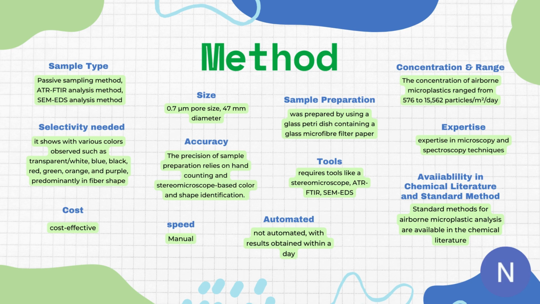It's not really automated, with results obtained within a day. Next is expertise, which requires expertise in microscopy and spectroscopy techniques. For availability, standard methods for airborne microplastic analysis are available in the chemical literature.